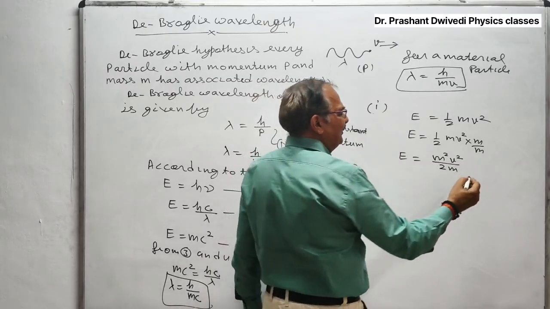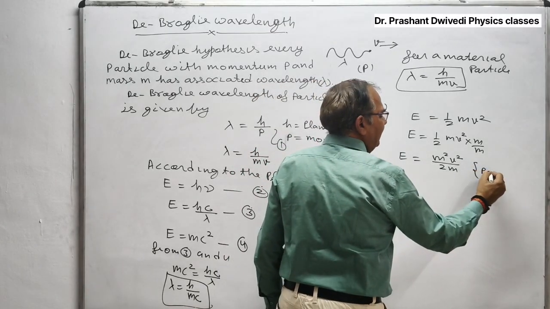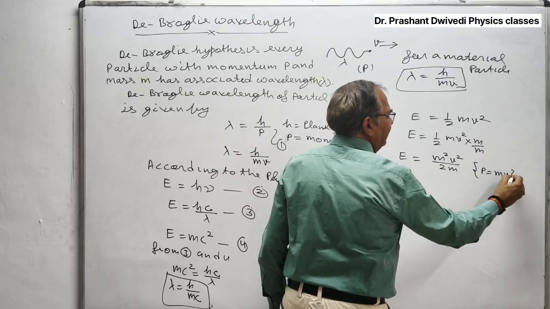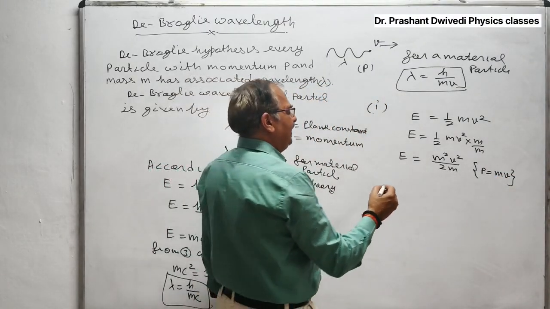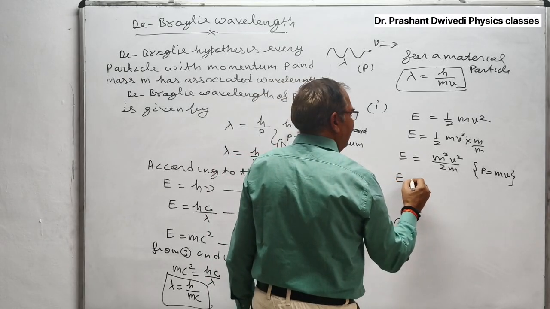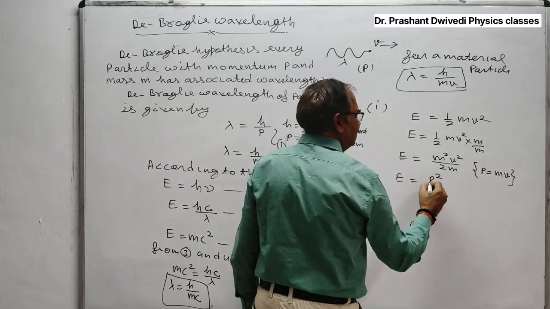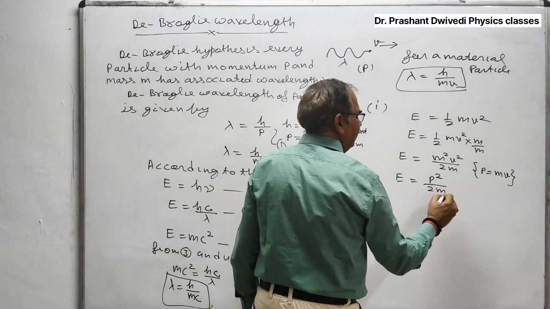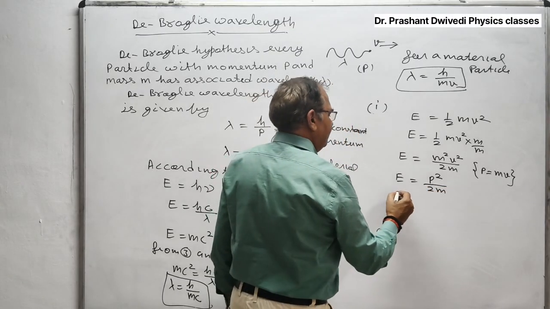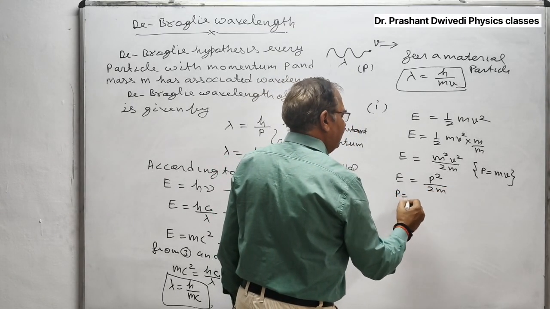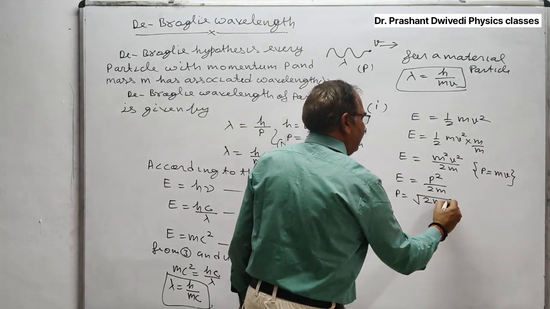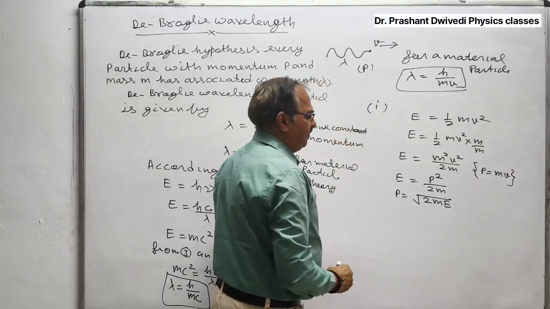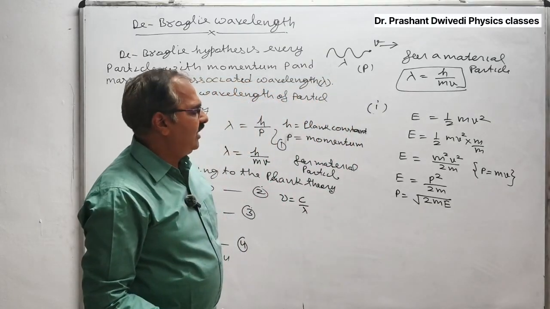We know that momentum p is equal to mv. Then E is equal to p square upon 2m, or p is equal to under root 2mE, where E is the kinetic energy. From equation number 1, putting this value of p, lambda, the de Broglie wavelength, is h upon under root 2mE.